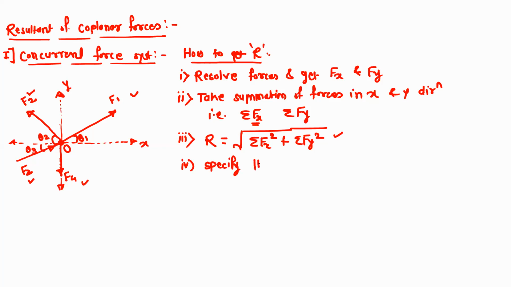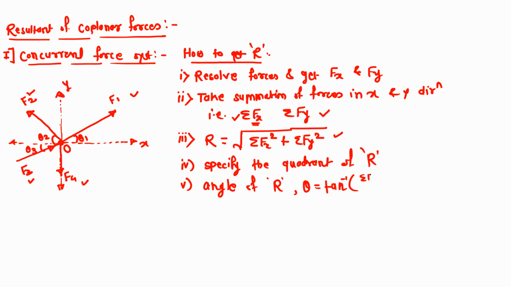So specify the quadrant of the resultant. Okay. This resultant quadrant will depend upon the sign of summation Fx and the sign of summation Fy. Okay. Next step is to find out the angle of R by using the formula theta is equal to tan inverse of summation Fy divided by summation Fx. So by using this formula, you can get the value of theta, that is the angle of the resultant.